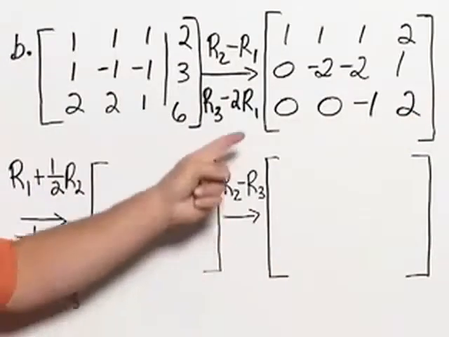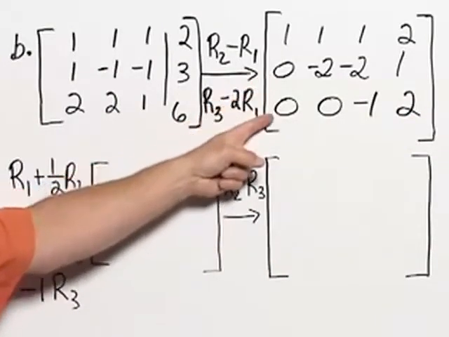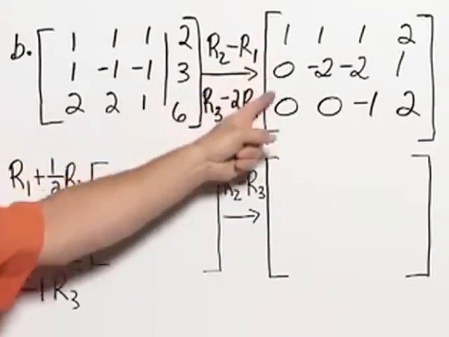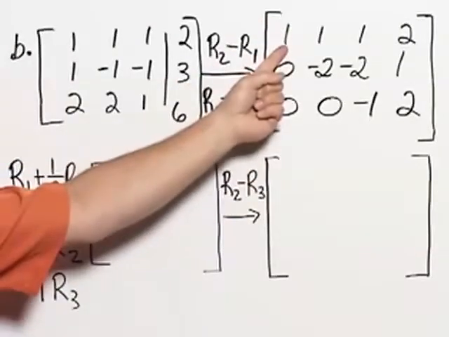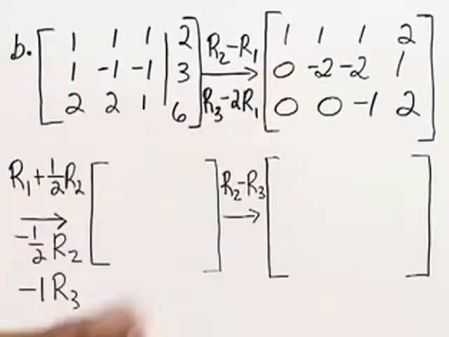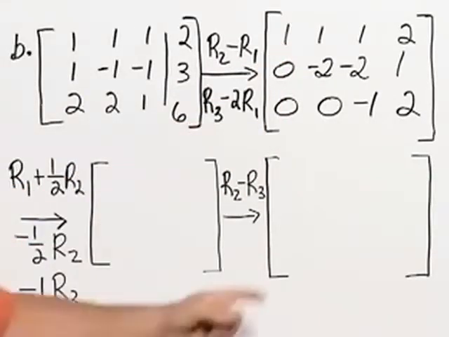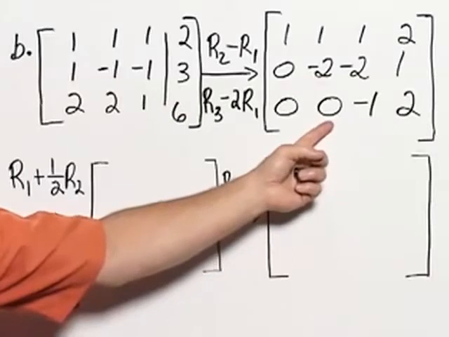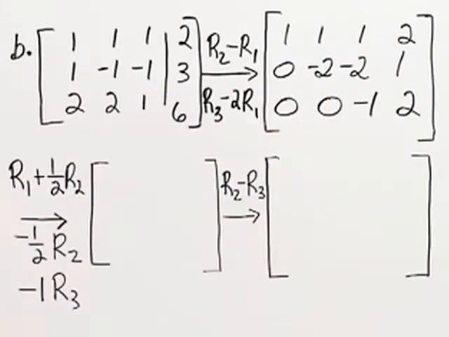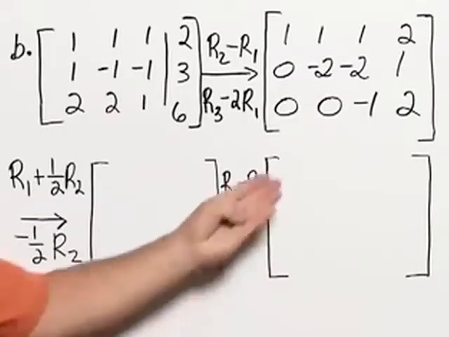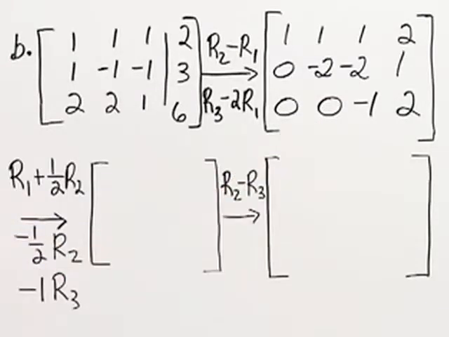So you can already begin to see that we're creating zeros in column number 1, with, of course, a 1 in the first position. Fortunately, we also began to create a 0 in column 2 in the third row. So we're well on our way to establishing our matrix that we want to get our solution.